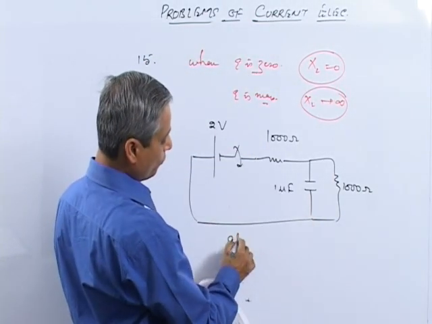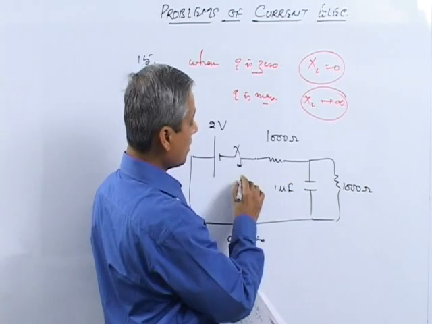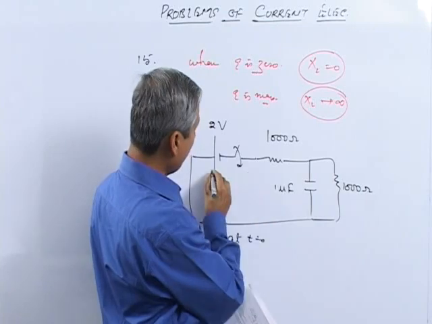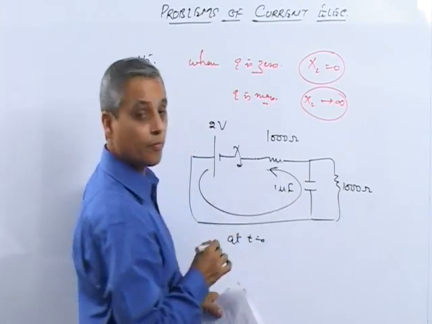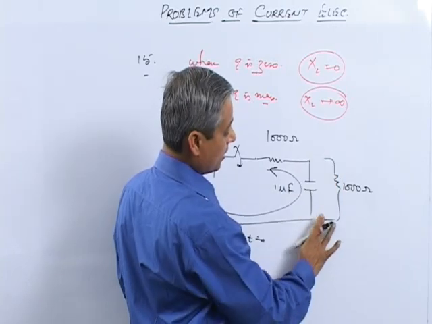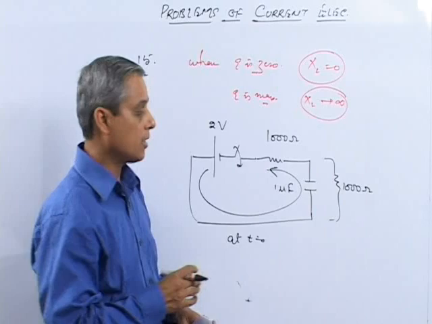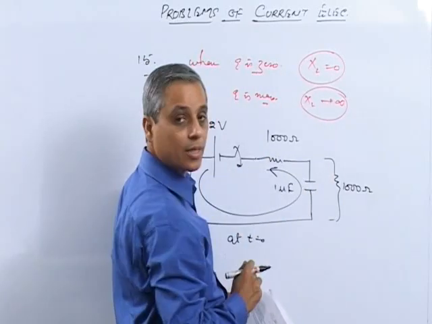At t equal to 0, when you switch it on, the capacitor allows the entire current to flow through itself, and therefore this resistance is short circuited because the entire current flows through the capacitor. The capacitor starts behaving like zero resistance.